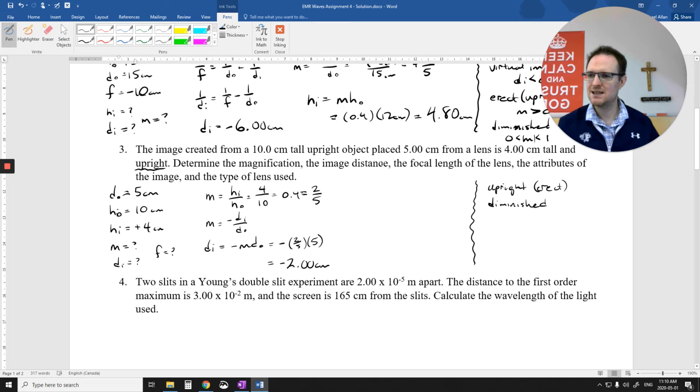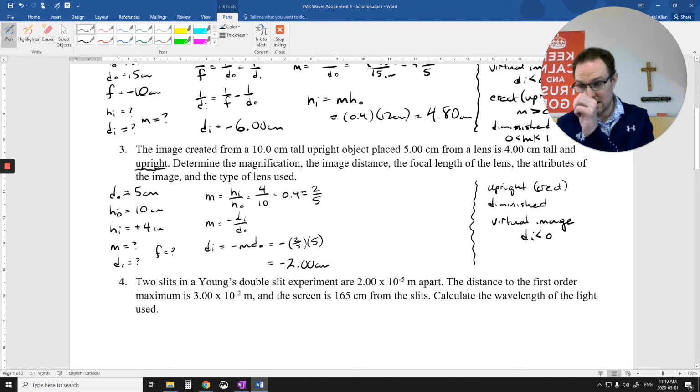Let's put our DI. We got DI to be negative, so that means this is a virtual image, since DI is less than 0. We got the image distance and the magnification, so that's good.